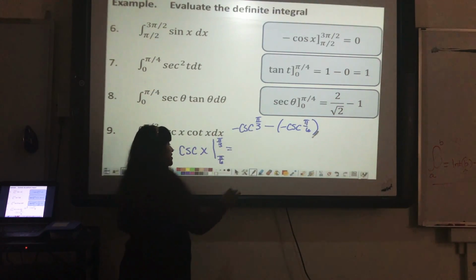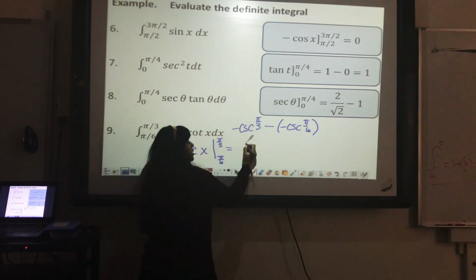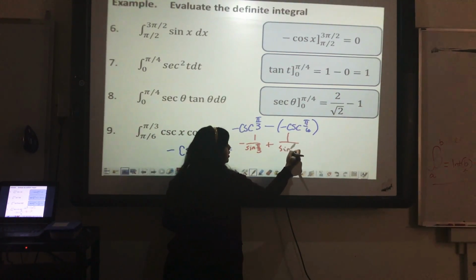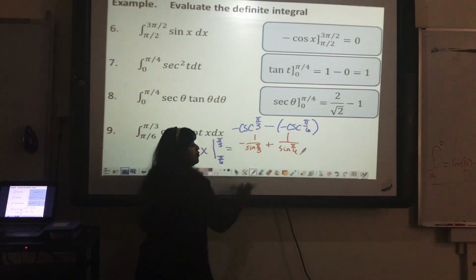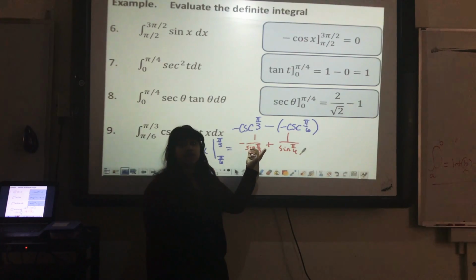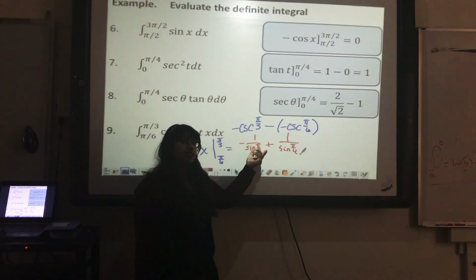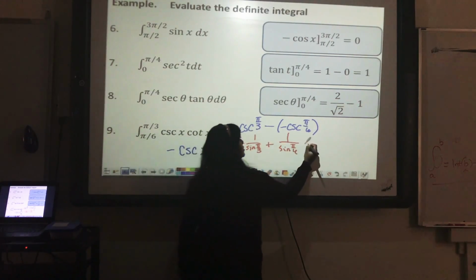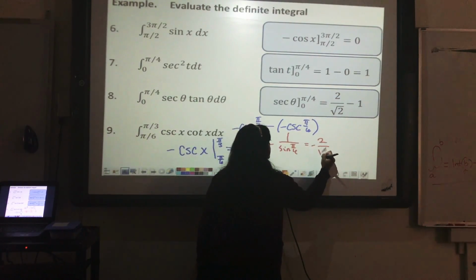Cosecant is the reciprocal of sine. So this becomes negative 1 over sine of pi over 3 plus 1 over sine of pi over 6. Sine of pi over 3 is the sine of 60 degrees, and that's the square root of 3 over 2, but we're on the bottom, so we're going to flip it. So this becomes negative 2 over the square root of 3.